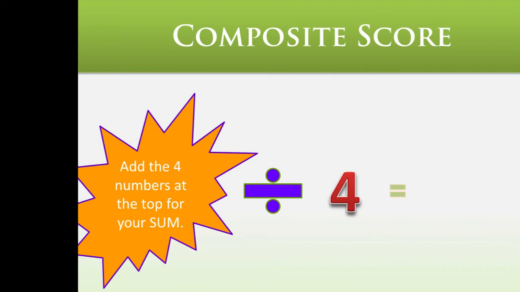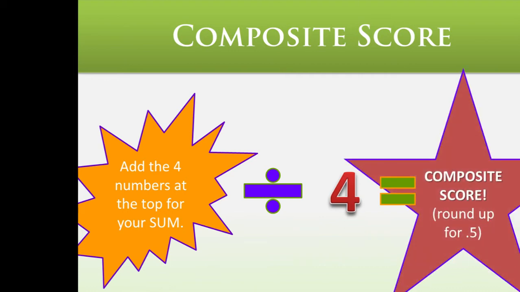So we're actually looking for your average of the 4 sections to determine your composite. You now have your final composite score. If your score ended in a 0.5 or 0.75, you're going to round up to the next number. So a 21.5 would actually be a 22 on the ACT. If you had a 0.25, you round down. That's the way it works on the actual ACT as well.